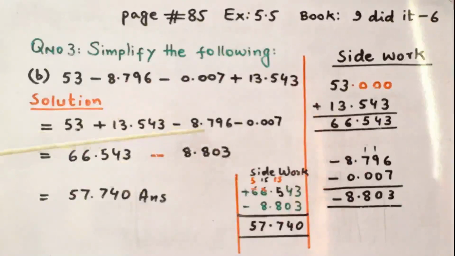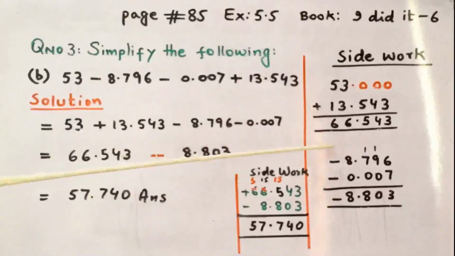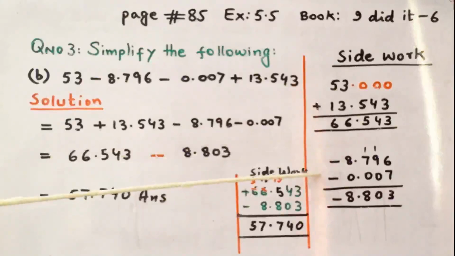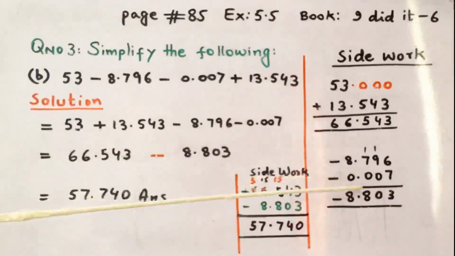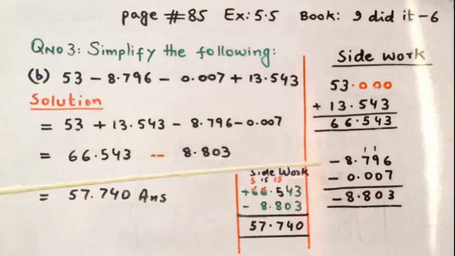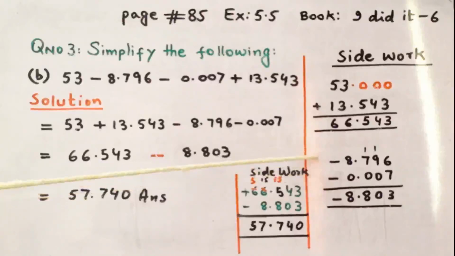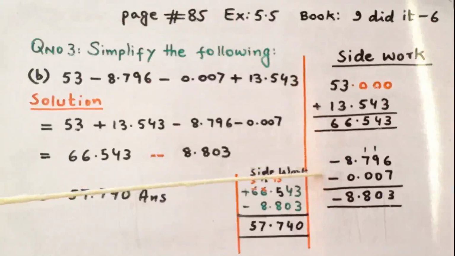Write these numbers here. Now you have to solve these numbers. In the side work, write down minus 8.796, then minus 0.007. Students, you can see 2 times minus sign is here. Minus minus plus.